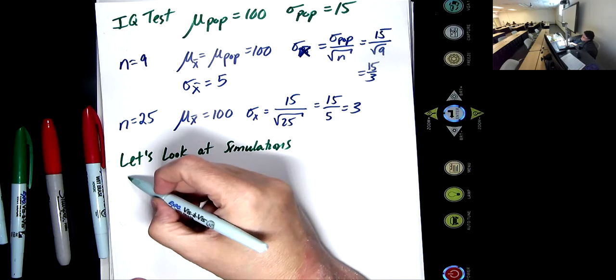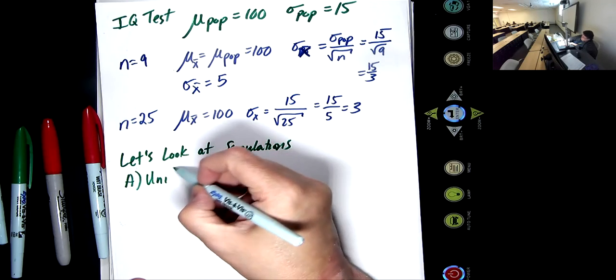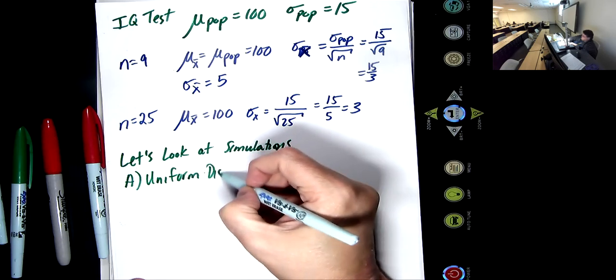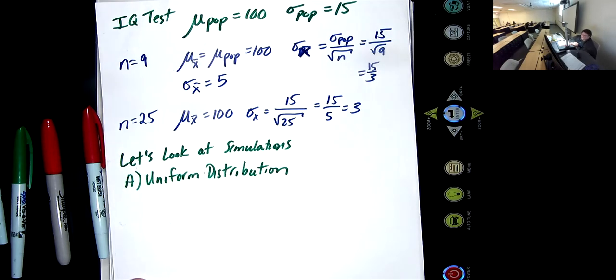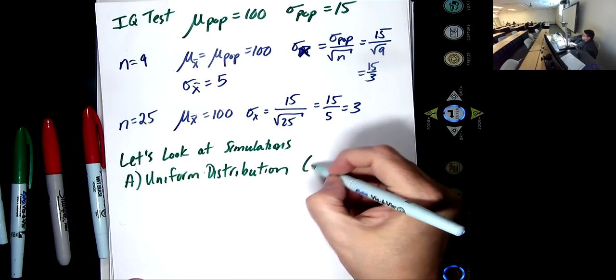We're going to look at a simulation for a uniform distribution, and the uniform distribution is based on the roll of a die.